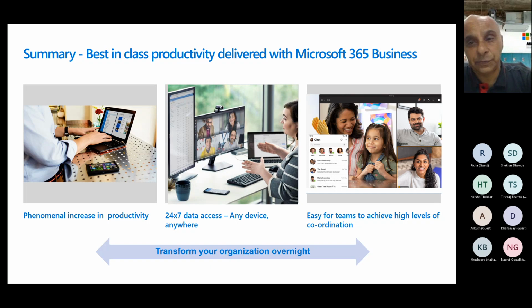It's so easy for your teams to work together, and with people being able to access their own PC data or company data anytime, anywhere, you absolutely see a phenomenal increase in productivity across the line. So, like I said, these are the building blocks for every modern business today.